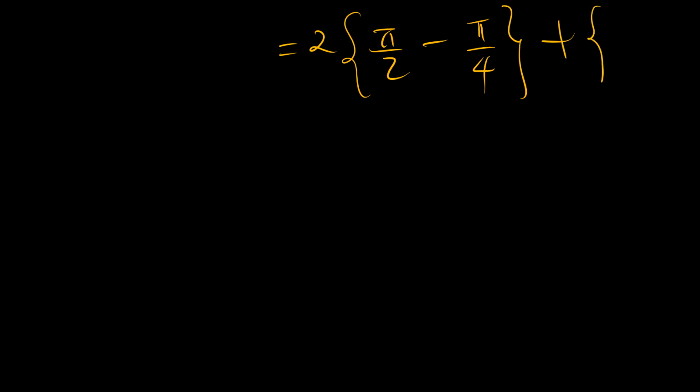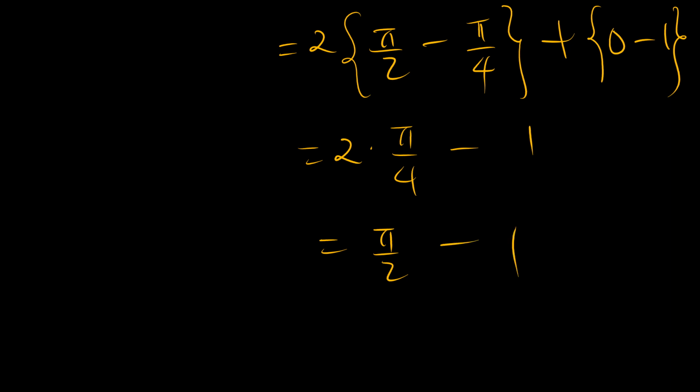So that becomes 2 times pi over 2, that's as u tends to infinity, minus pi over 4 as u tends to 1, minus 1 over u, actually this is plus, as u tends to infinity of 1 over u is 0, as u tends to 1 is 1, so we have 2 pi over 4 minus 1, which equals pi over 2 minus 1.